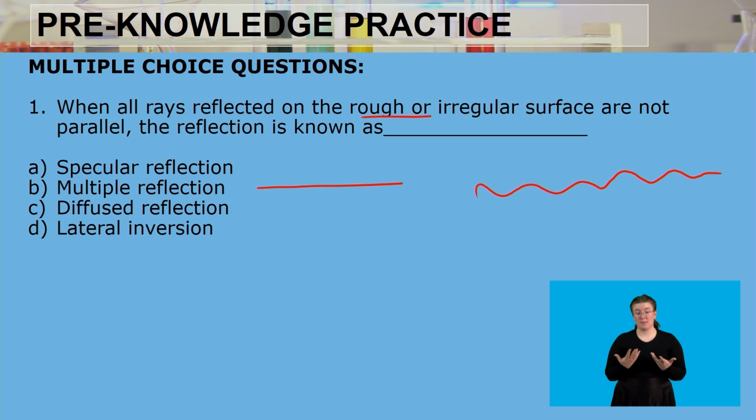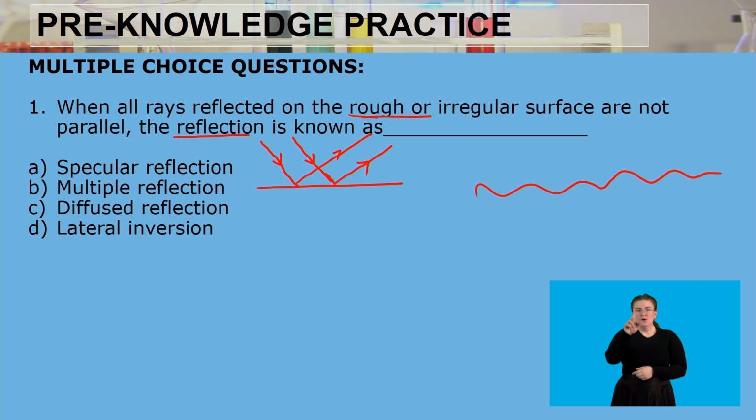Now, if rays are reflected off a smooth surface, we are going to see a smooth image because those rays, when they are reflected, will still be parallel to each other. So when this happens, the reflection is going to be a specular image or a specular reflection.